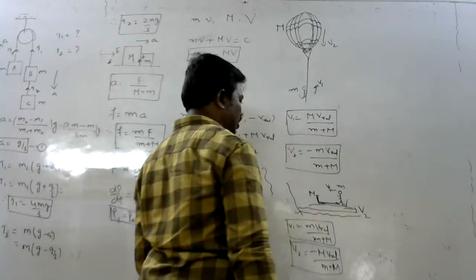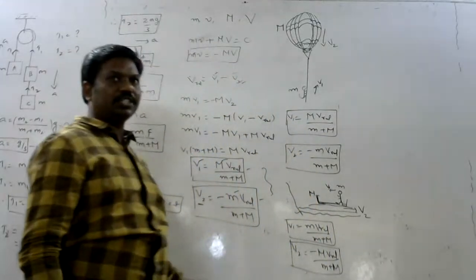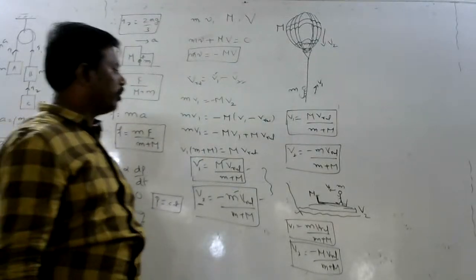Here we have velocities. In the same way we consider distances. So distance moved by the man.